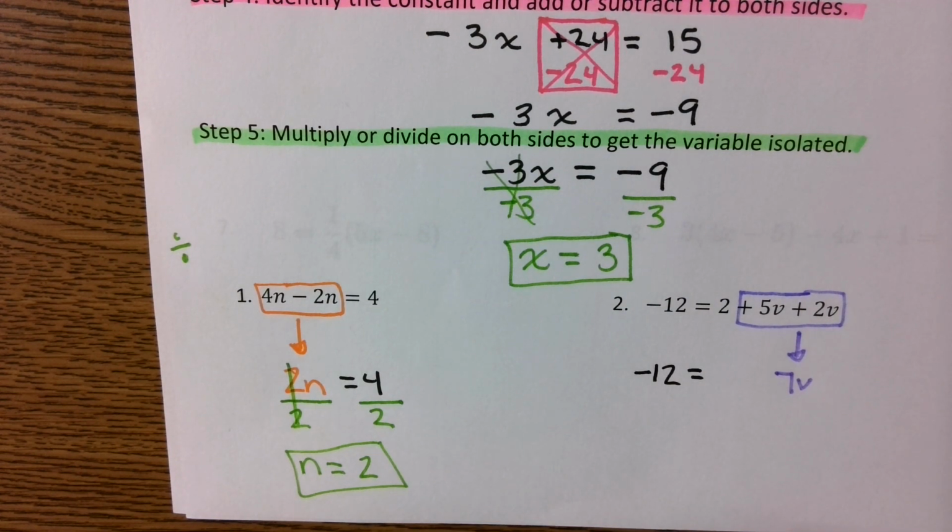Am I just going to write 7v? No. What's missing from it, Jeremy? What else do I need to write with it? Huh? The 2. Okay. Am I done? Daniel? I have to add the positive. Why do I have to put the positive sign in front of that 7v? Because I'm still adding, right?